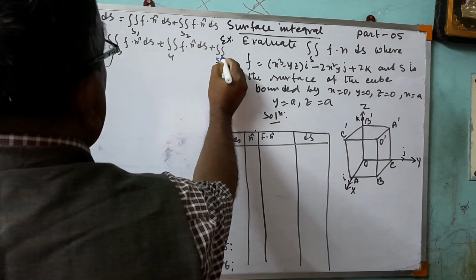After getting the values for S1 to S6, we have to put them in this equation. This is equation 1. Then you will get the required solution.